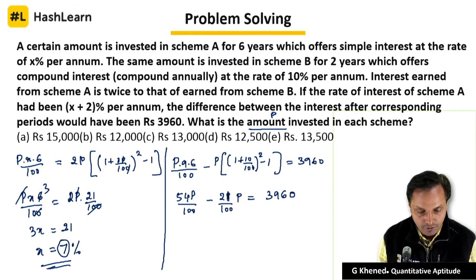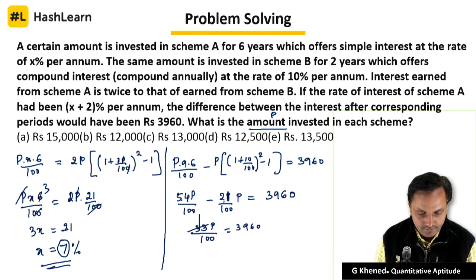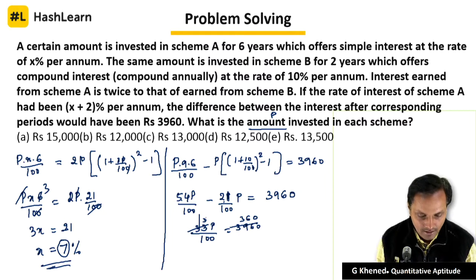That will give you 4 minus 1 is 3, 5 minus 2 is also 3, so you can cancel this. 11 threes are 33, 6 is left, 11 sixes are 66, 12 threes are 36.